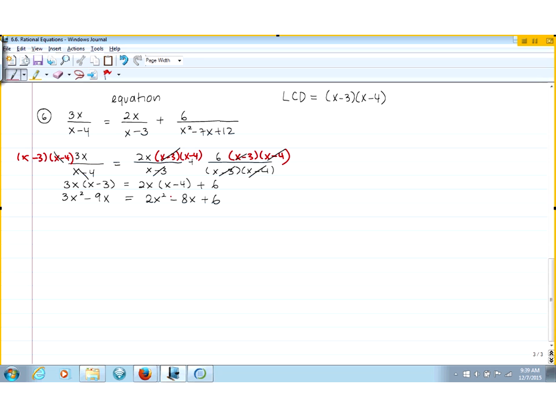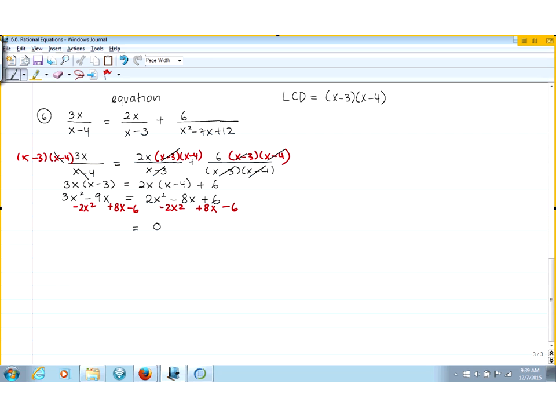Now, bring everything to the left. Yes, so subtract 2x squared both sides. Plus 8x both sides. And then minus 6 both sides.